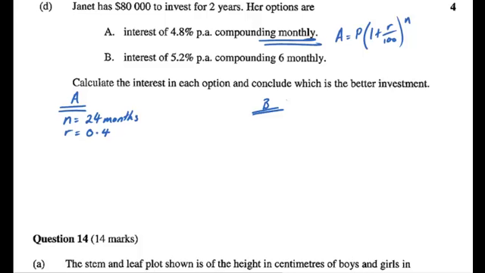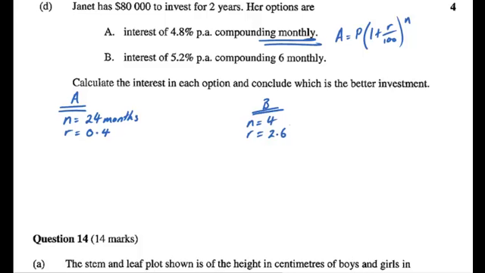So how many lots of 6 months are in 2 years? So you're splitting each year into 2. So therefore N will be 4 lots of 6 months. Our rate is 5.2% per annum, so per year. So for half a year, or for 6 months, it will be 2.6%.